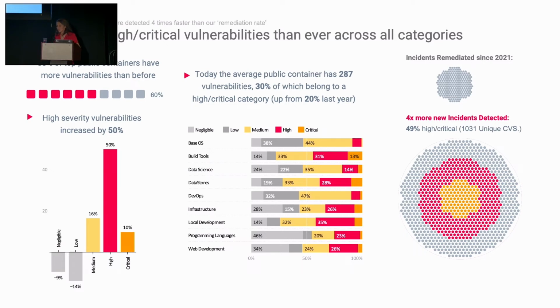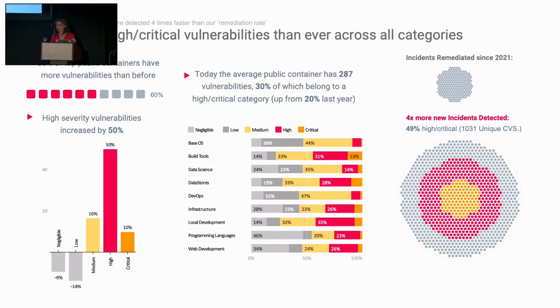I already mentioned that 60% of the containers that we looked at have more vulnerabilities in them than they did a year ago. And it is true that we are remediating, but we are detecting new incidents 4 times faster than our remediation rate. And most notably, the things that we are remediating are mostly low and negligible vulnerabilities. The new ones that are being added to the cluster are mostly high and critical incidents.